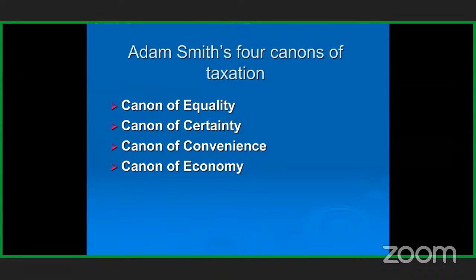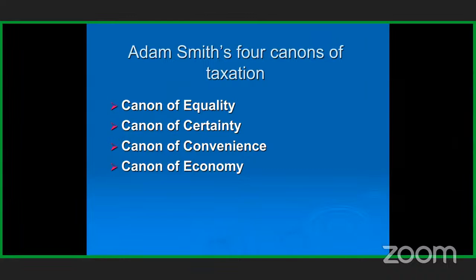There is another canon, canon of certainty. It is also developed by Adam Smith. This canon of certainty describes that the tax which each individual has to pay ought to be certain and not arbitrary.